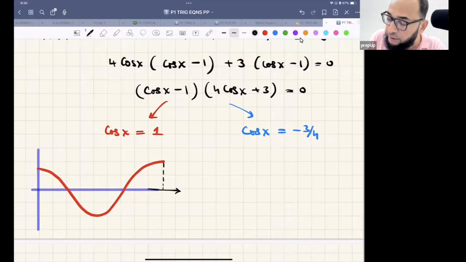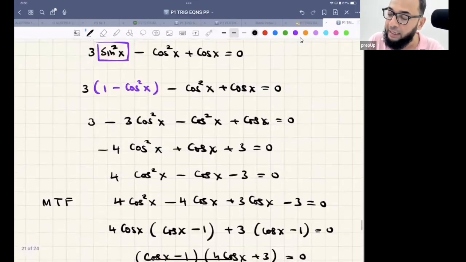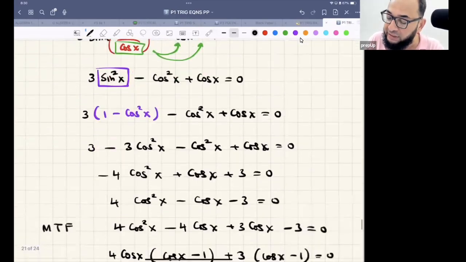This is 2 pi, this is pi, this is 0. This is 1, this is negative 1. So 1, 2, 3, 4, 5 major points, and the range is between 0 and pi.